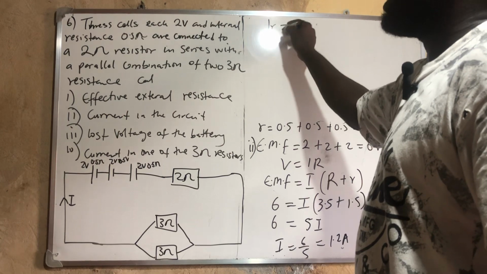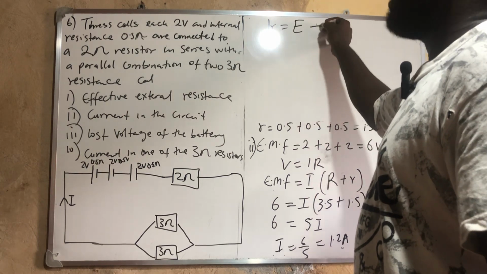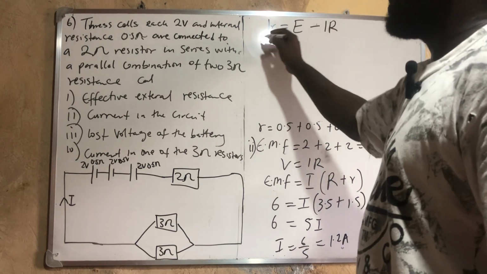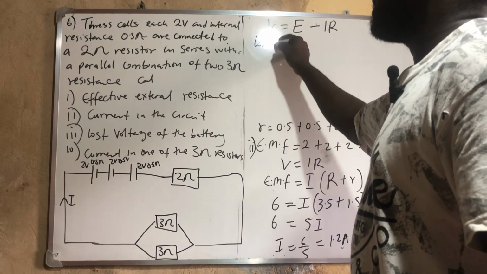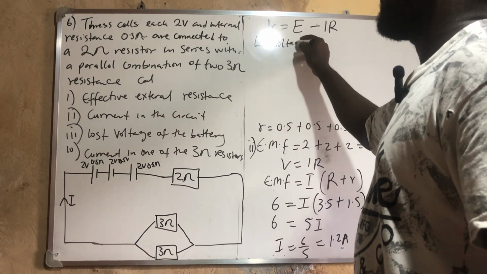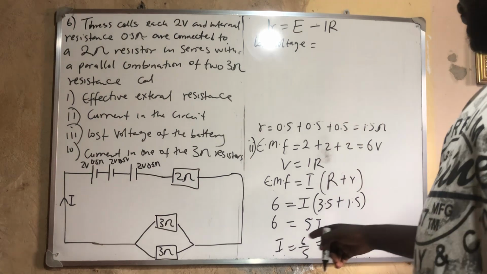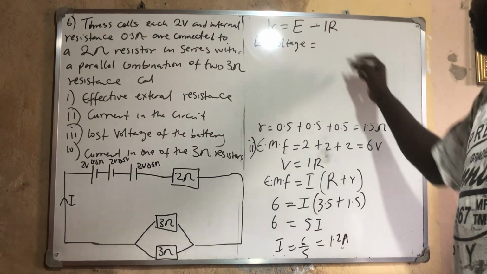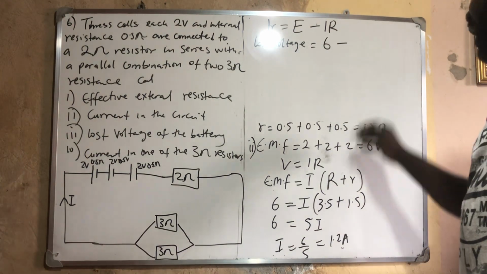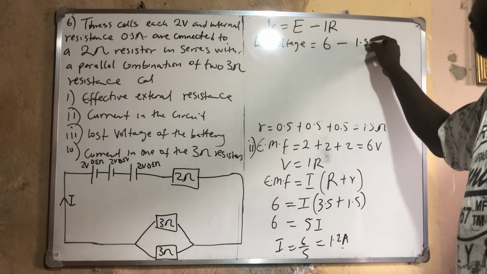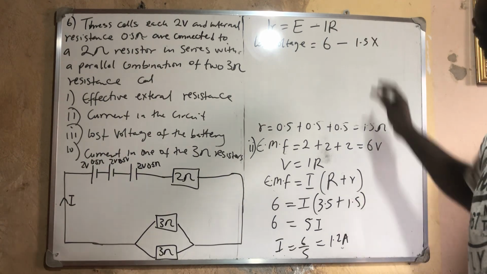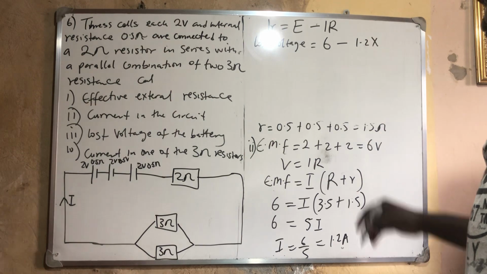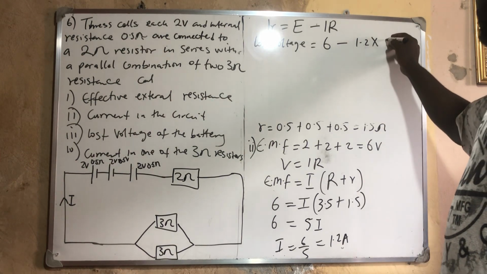This is the lost voltage, and this is equal to what? The EMF minus I big R. So this is my lost voltage, which is equal to what? My EMF is 6 minus, my I is 1.2 times 3.5.